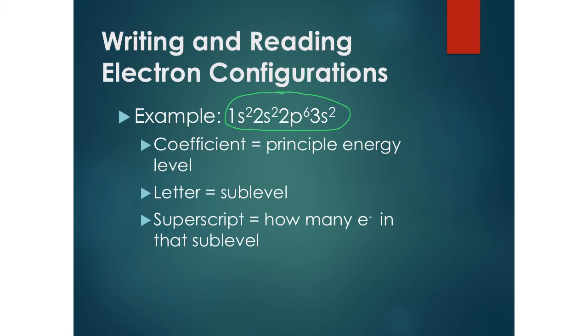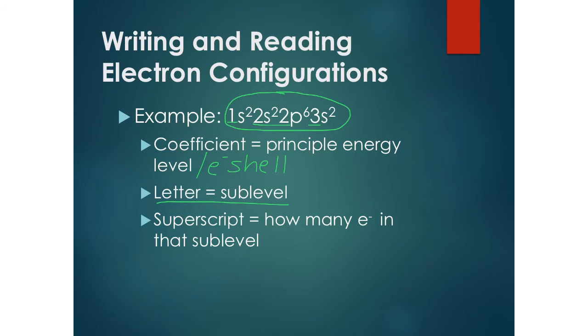So we're going to be writing electron configurations like this. The coefficient gives us the principal energy level or electron shell. So we have electrons in the first shell, second shell, third shell. So this would be something in period 3. The letter gives us the sublevel.